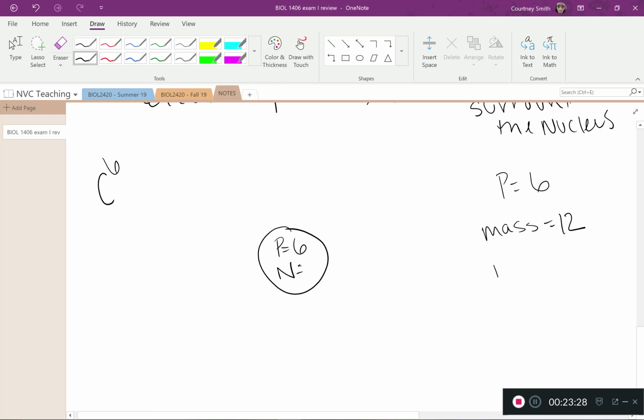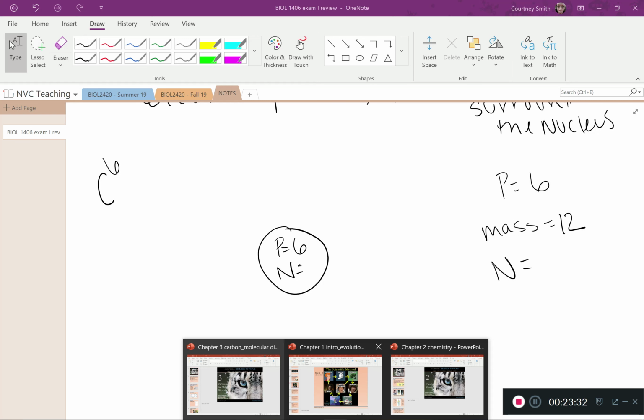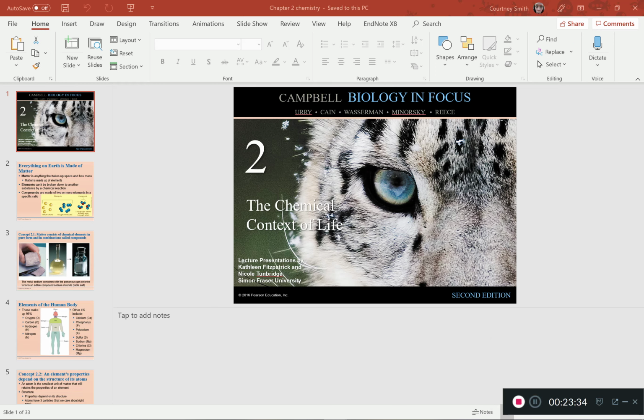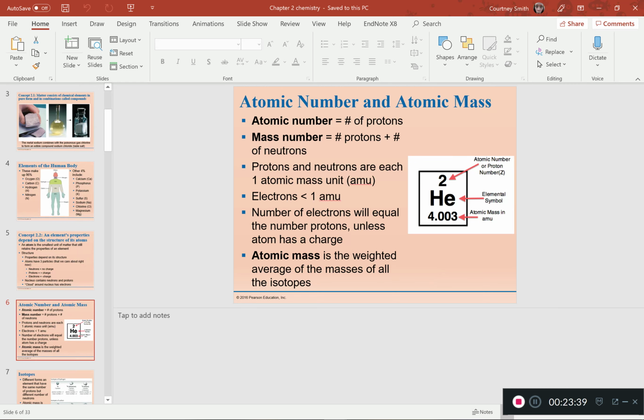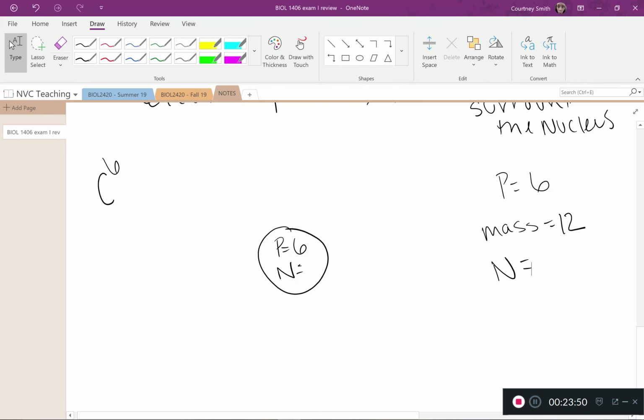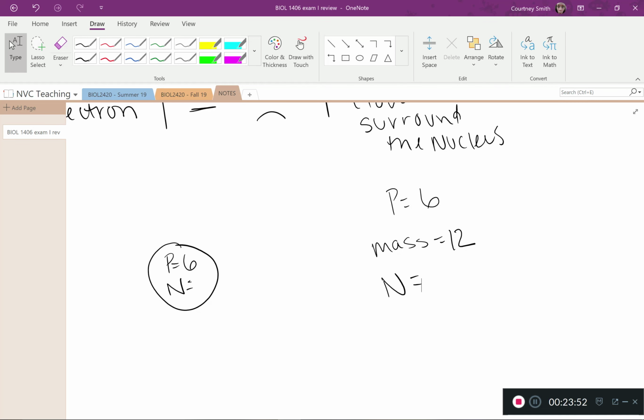So then from that, how do we find the number of neutrons? You can find that formula within our chapter 2 PowerPoint. So right here, the mass number is the number of protons plus the number of neutrons. Let's rearrange that a little bit.